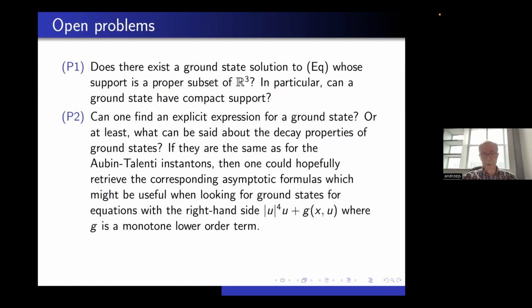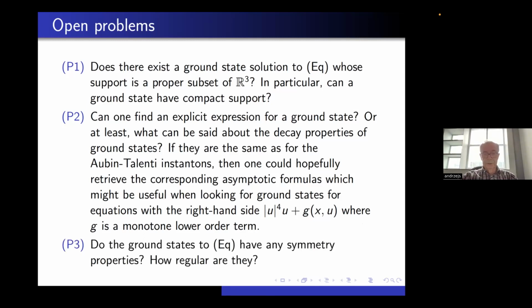But we don't know. Another thing, do the ground states have any symmetry properties? Are they regular? Are they continuous?